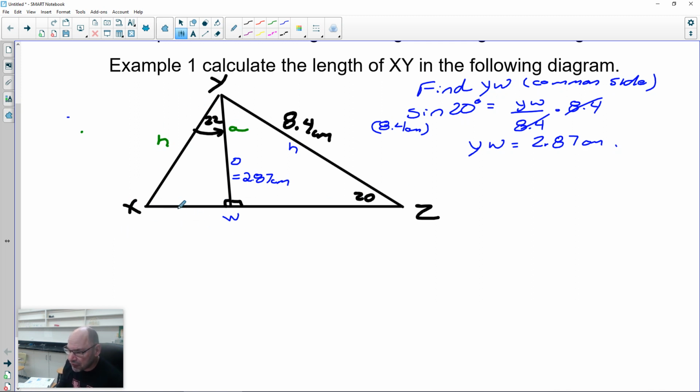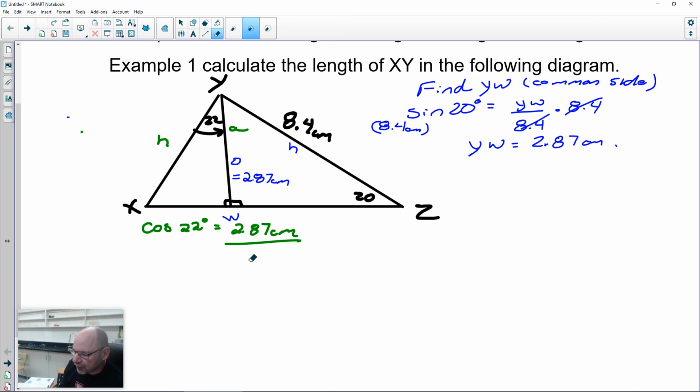So we can see that adjacent and hypotenuse is cosine. So we can say that cosine of 22 degrees is equal to 2.87 centimeters, which we just found out, divided by h, the hypotenuse. Okay, or in our case, we can say XY, which we probably should.